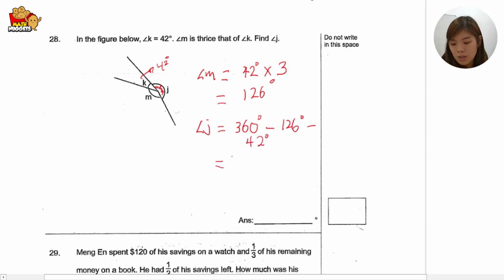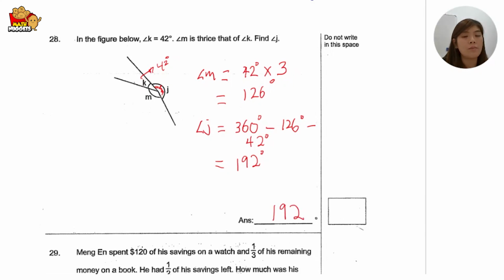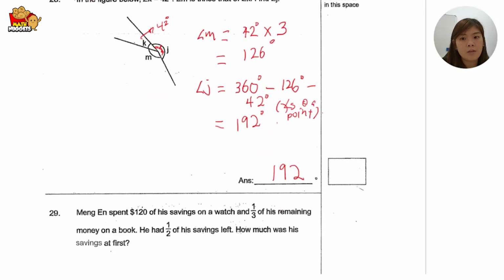This will give us angle J, which is 192 degrees. Just to add, the property that I'm using is angles at a point. So 360 degrees minus these two angles, we get angle J. Okay, let's move on to question 29.